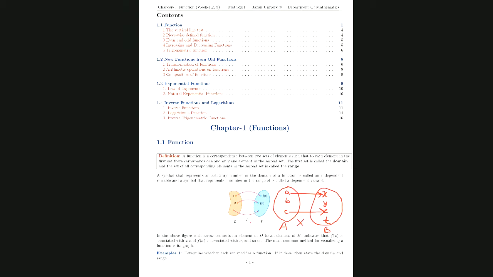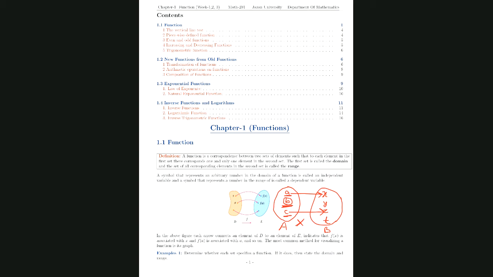Because input A is connected and input C is connected, but input B is not connected. So function means, number one, every input must be connected, and for each input there is only one output. Here B is not connected, so this is not a function.